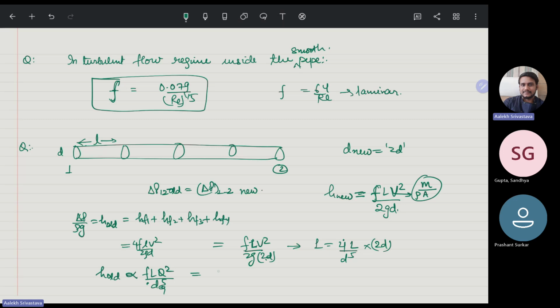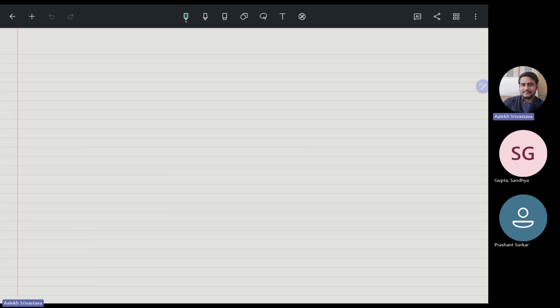If you equate both the systems, f L Q square upon D5 into 4. So the new length can be written as 2 raised to the power 5, because it's double the diameter, into 4L, that is equal to 2 raised to the power 7 L. So this is the new length for which the friction pressure drop and the flow rate are the same.